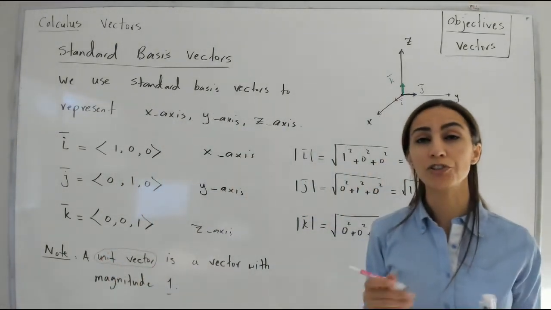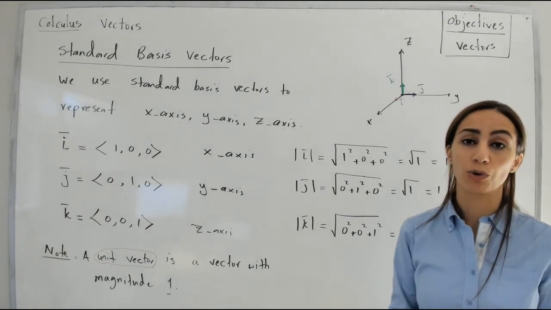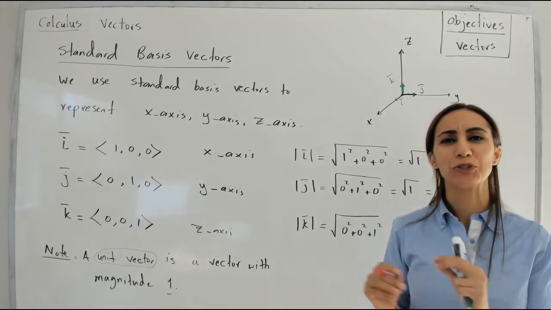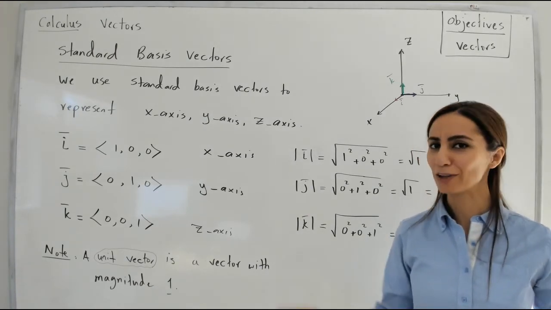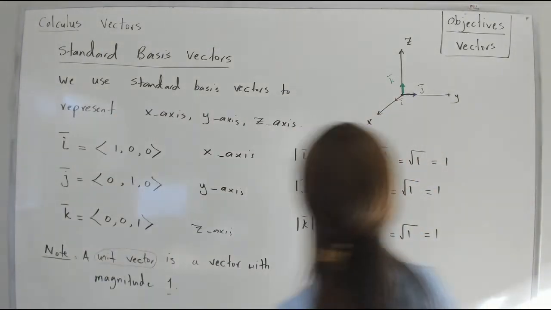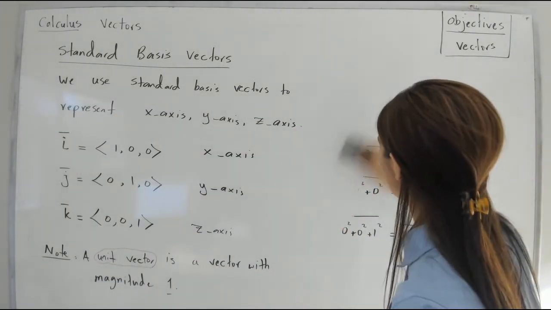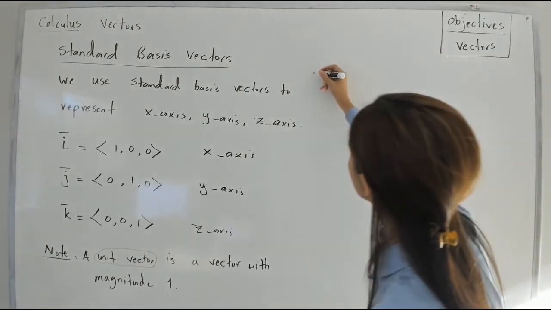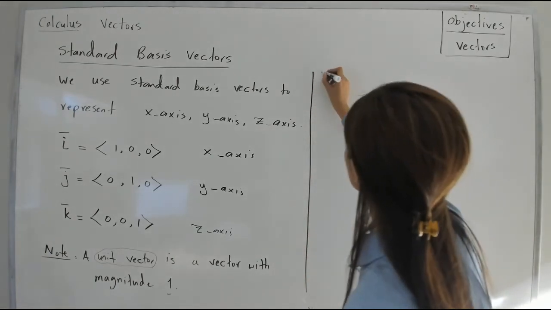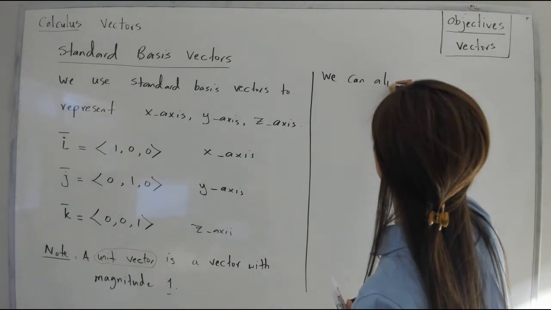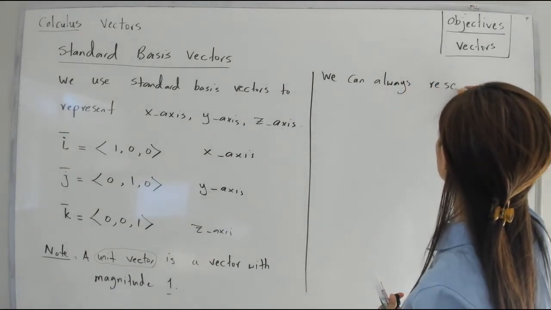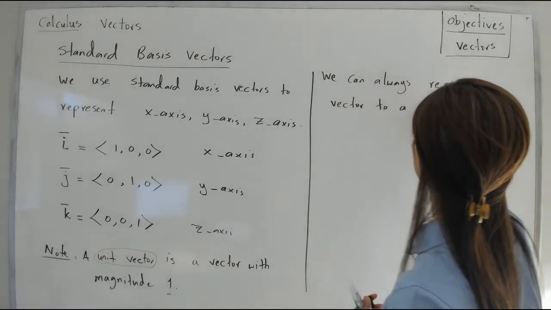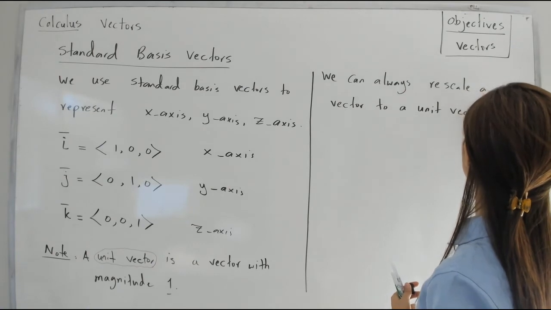In many cases, we're interested in taking a vector which has a large magnitude and rescaling that vector to a unit vector. Well, how do we do that? We can always rescale a vector to a unit vector.